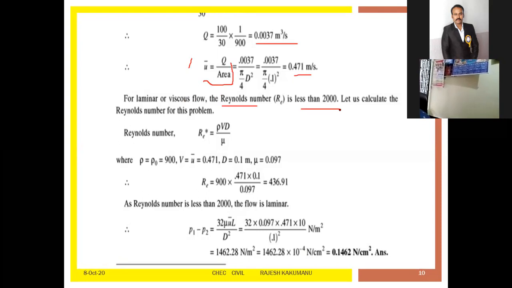Therefore, taking the Reynolds number, Re is equal to rho into VD by mu. The formula for Reynolds number is the same for laminar flow or turbulent flow, right? Rho into VD by mu. This is a universal formula, which you can apply for both laminar flow and turbulent flow.